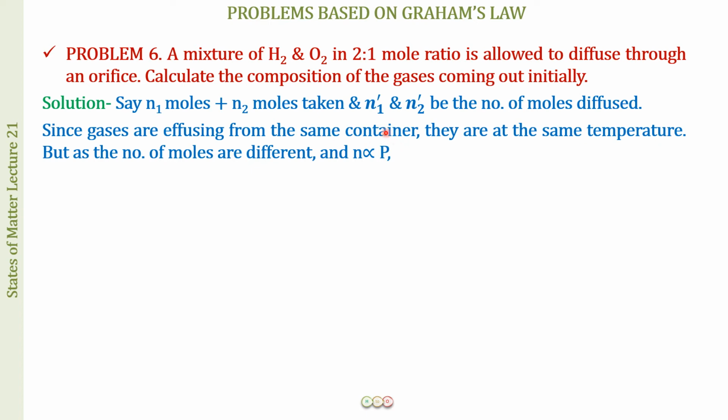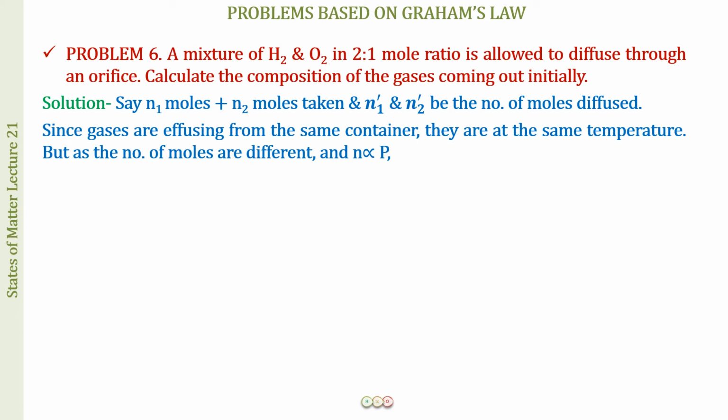So when volume is the same and temperature is the same, but the number of moles are different, the number of moles of the gas is going to be directly proportional to the pressure exerted by the gas. So this means that the pressure exerted by the two gases is different.